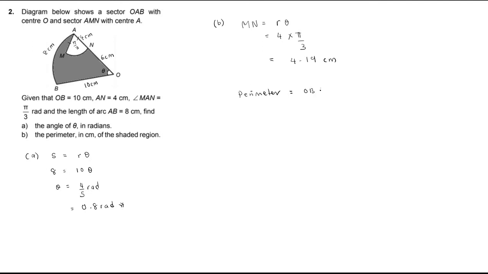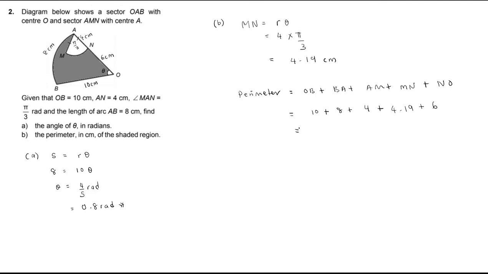So OB plus BA and then AM plus MN and lastly NO, back to O. The length of OB is 10 cm, BA 8 cm, AM 4 cm, MN is the smaller sector arc length we calculated earlier, 4.19, and NO is 6 cm.